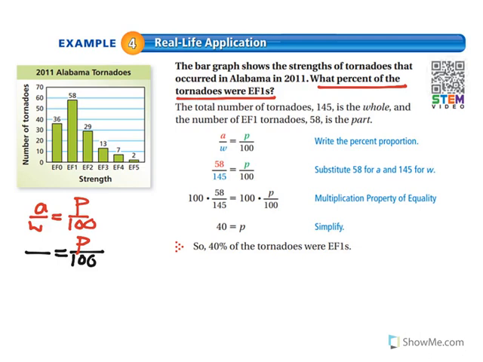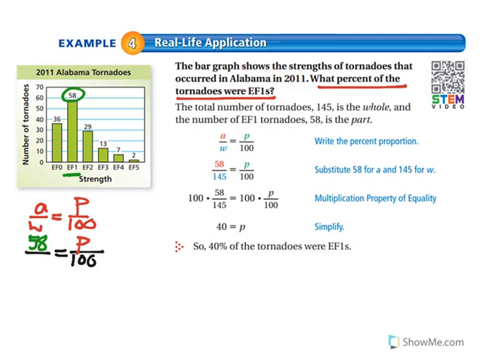Well, it's asking us to look at what percent of all the tornadoes were EF1s. So the EF1s is just part of it, and the EF1s represent 58. So the part is 58.